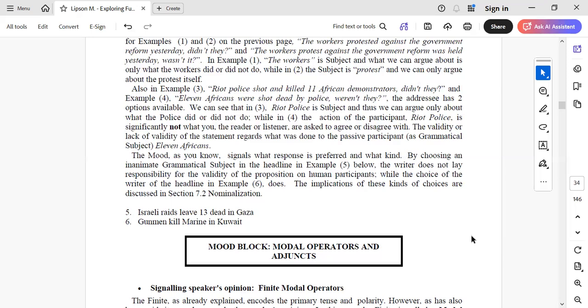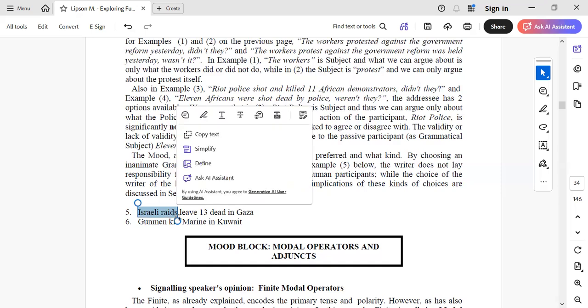Now, "Israeli raids leave 13 dead in Gaza," right? In number 5, they say that the writer doesn't lay responsibility for the validity of the proposition on human participants. So, Israeli raids, right? Do you think this is a human participation, or a kind of inanimate participation? What do you understand by that?